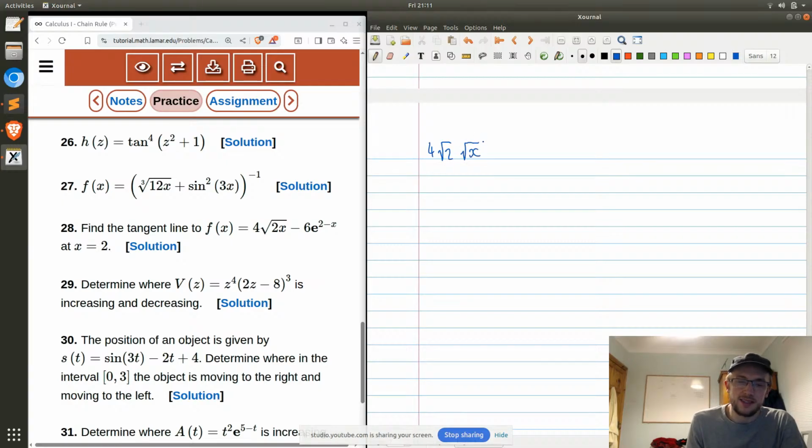So it's that, right? Which is x to the half. That's just a number right there. And the half, well, that comes down in front. So it's like that.